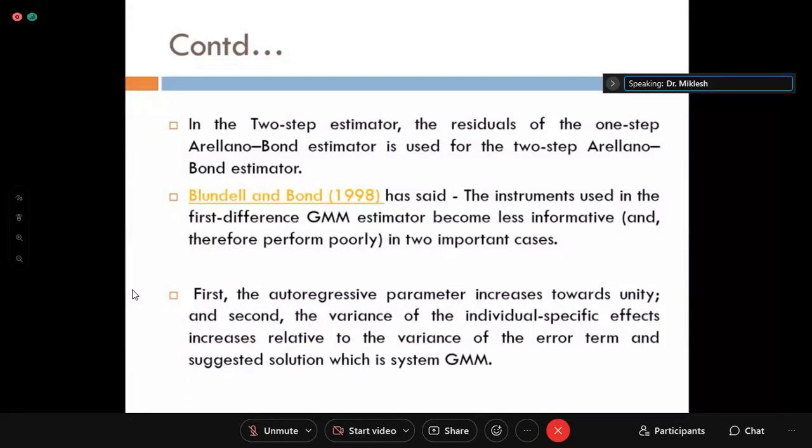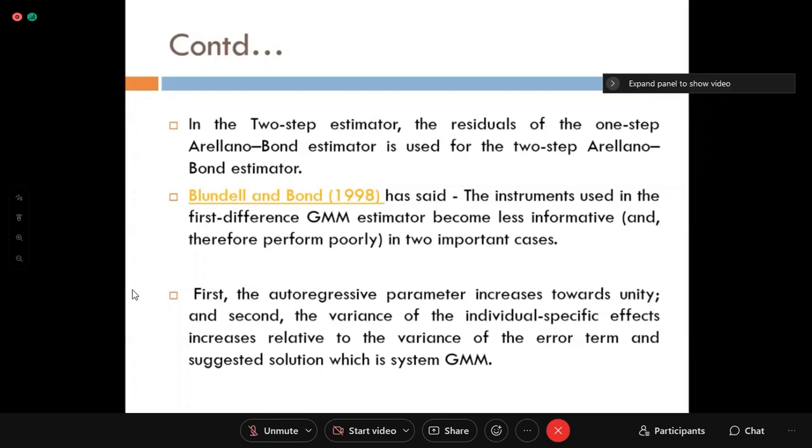The second one is the variance of alpha i increases relative to the variance of the error term. So that is also the problem. Because of these two problems, we have to move to the system GMM.